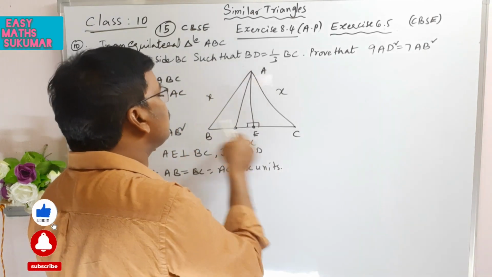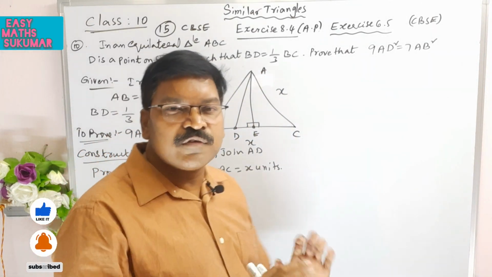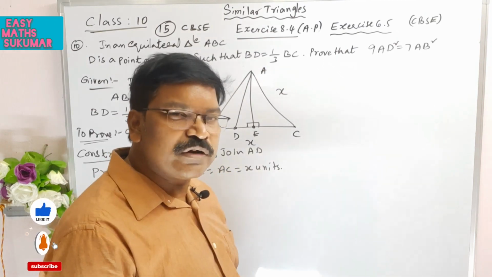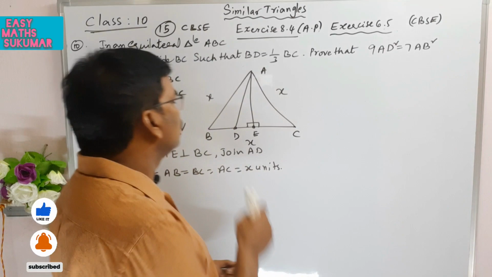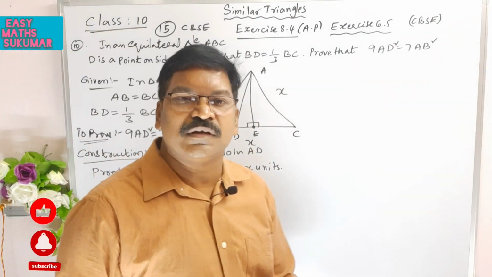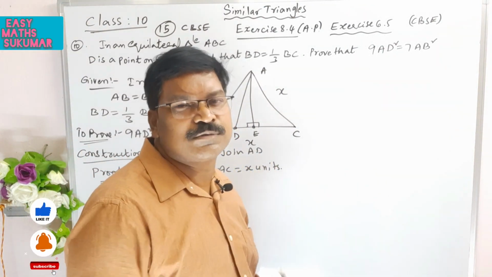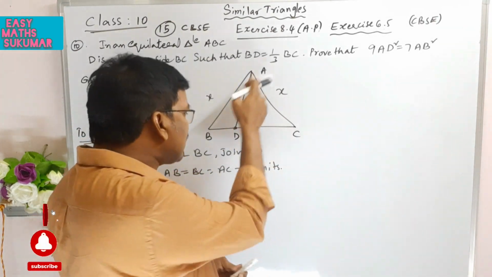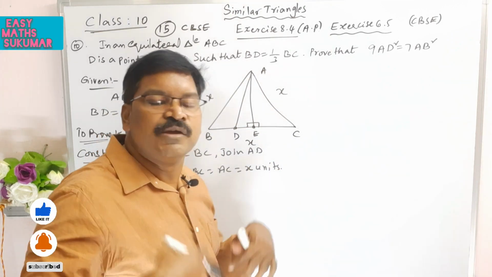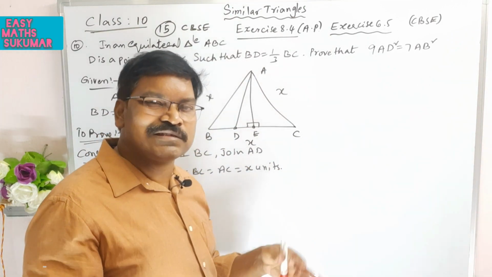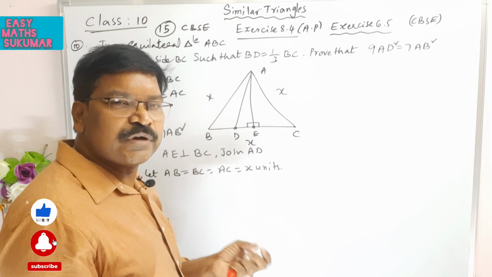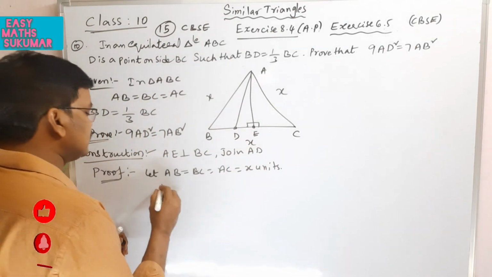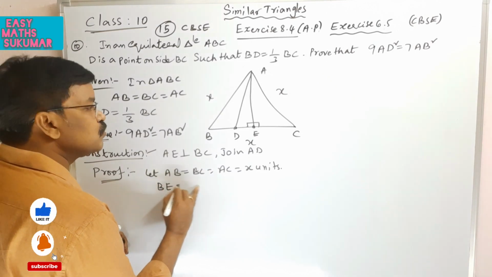By taking triangle ABE and triangle ACE, we proved that the triangles ABE and ACE are congruent to each other according to the RHS congruency rule. Therefore, BE and EC are equal. Please write the same steps here also. This BE and EC are equal. Why? Because triangle ABE and triangle ACE are congruent according to the RHS congruency rule. Therefore, by CPCT, BE and CE are equal. See here that BE is equal to EC.